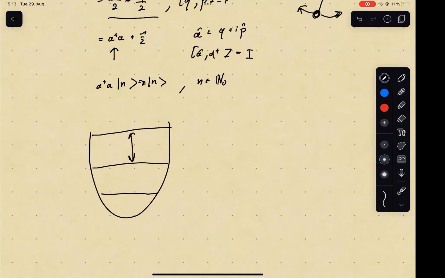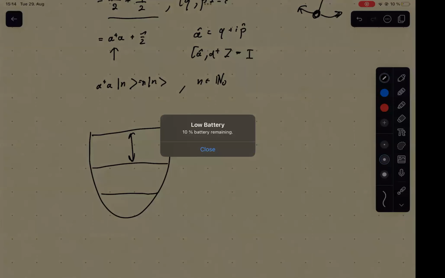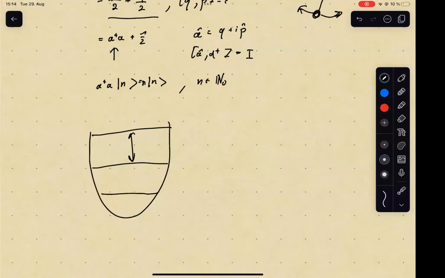P hat and Q hat, do I need to care anything about what they are at the minute, other than that they have this commutation relation where they're equal to i? Yeah. In this context, there's a physical interpretation of those, where Q is typically used for position and P for momentum. You can write down a position space or momentum space representation of these operators.